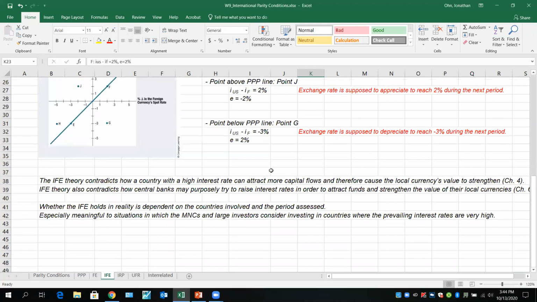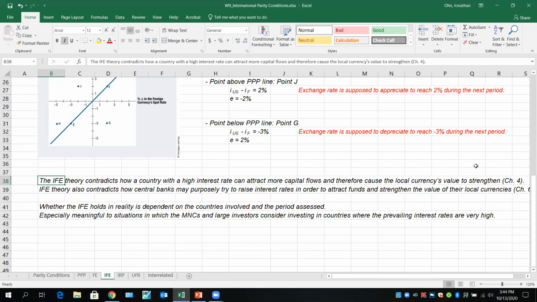But this is theoretical, it's theory. The international Fisher effect contradicts how a country with high interest rate can attract more capital flows and then cause the local currency to strengthen. I mean, this happens, right?